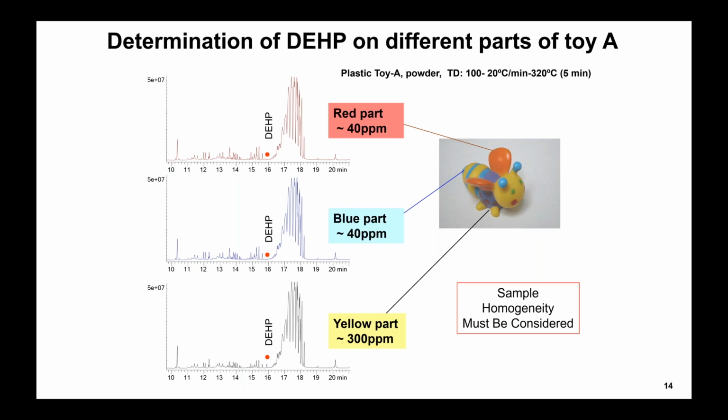And sample homogeneity can be accomplished using various methods, including cryomilling, grinding, averaging the results from the analysis of multiple samples, and in this example, dissolving the entire sample in a known volume of solvent. But regardless of how the sample is homogenized, only microgram quantities are analyzed using the thermal desorption GC.